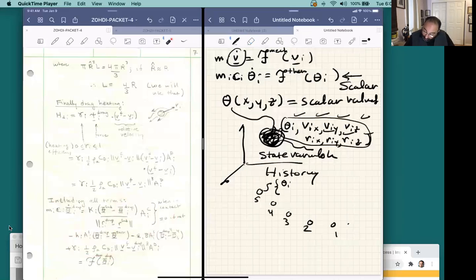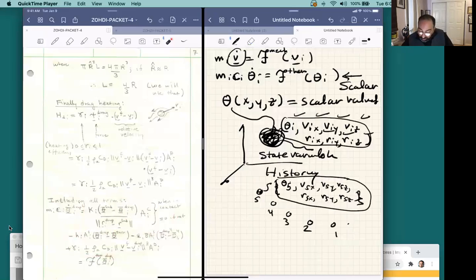So if I look at object number 5, I basically have something that says it's theta of 5, velocity of 5x, velocity of 5y, velocity of 5z, position of x of 5, position y of 5, and position of 5z. Okay, and I need one of these, history or state variables for every single one of these objects.